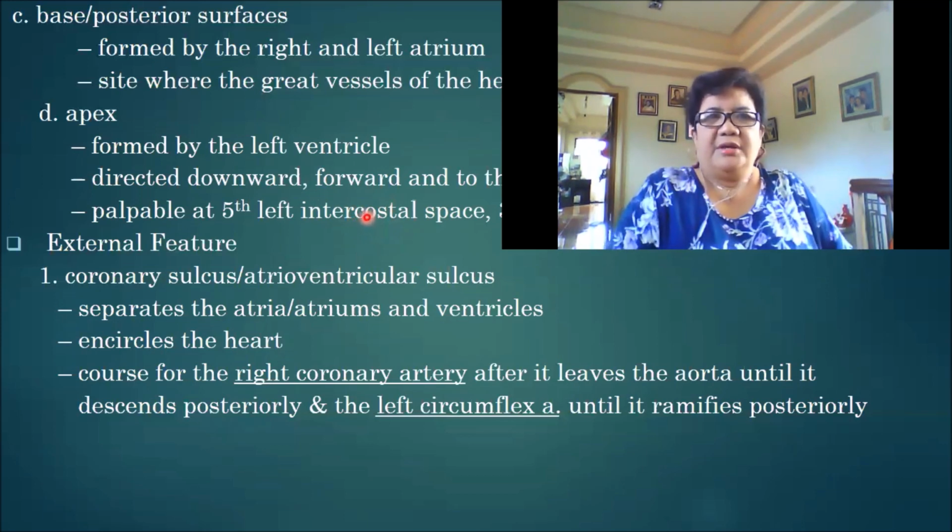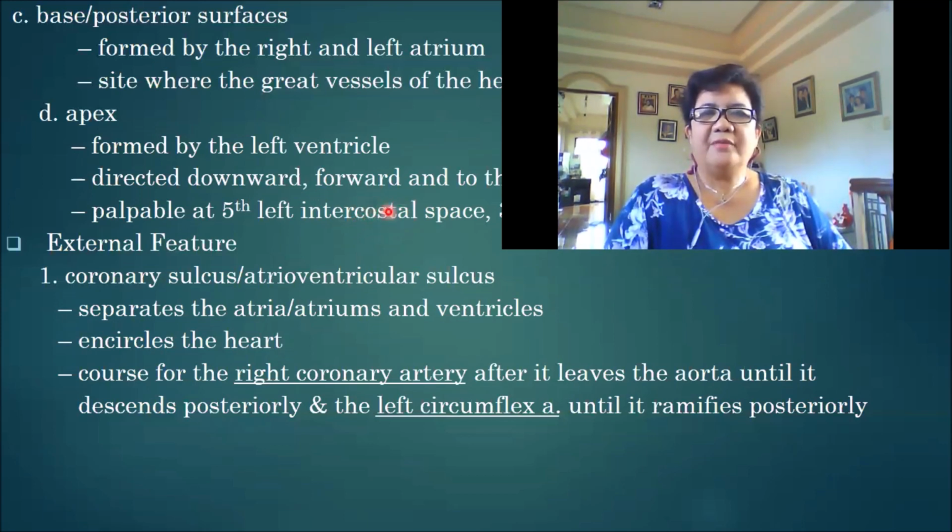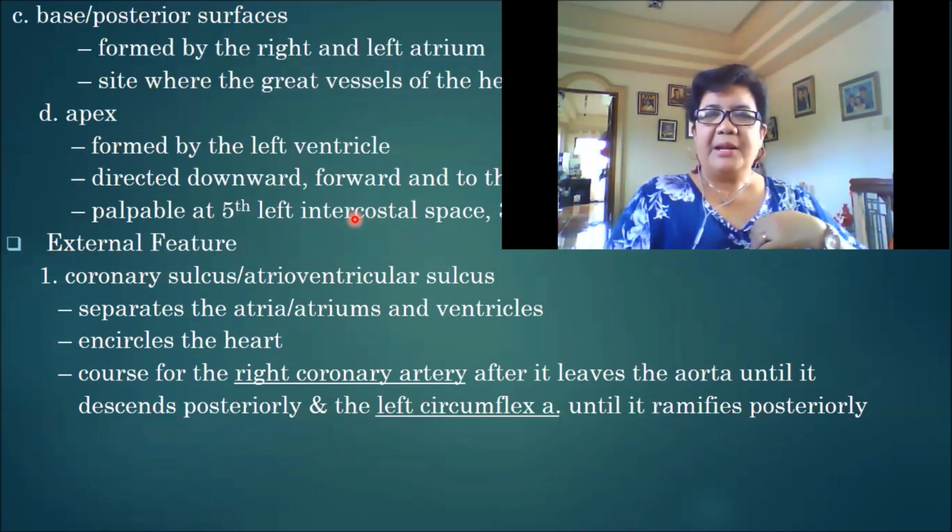Right, when I was able to listen to Dr. Gasco during his talk on the bones of the thorax, the sternal angle of Louis: you cannot determine the first rib, but what can be palpated would be the second rib by finding the sternal angle of Louis, then going lateral.